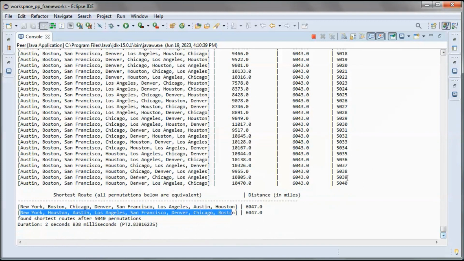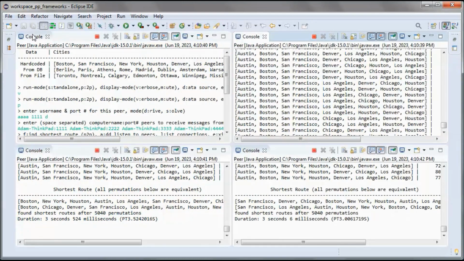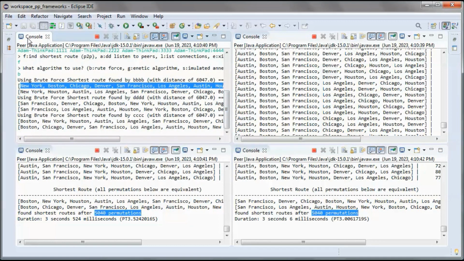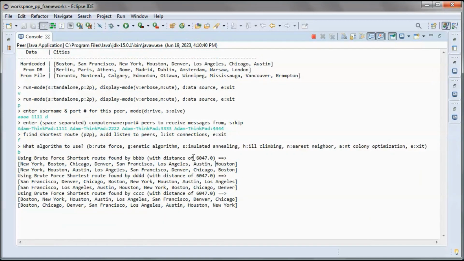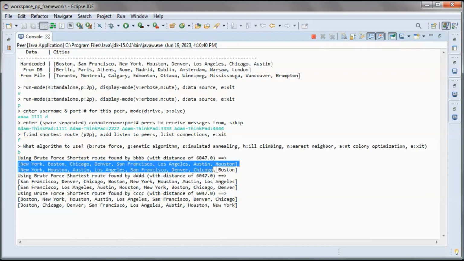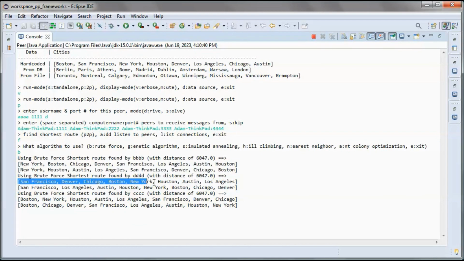So this number of permutations, 7 factorial, for each one. And each one of the peers found those solutions with this distance in miles.